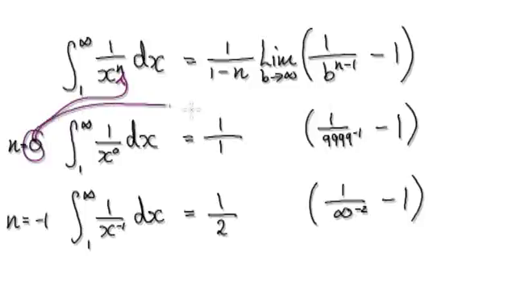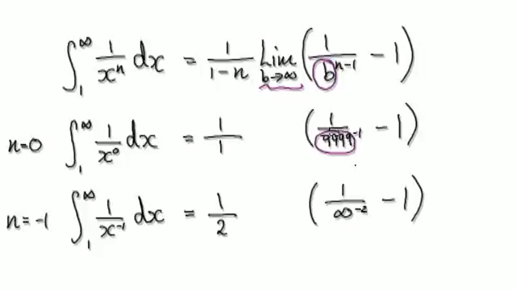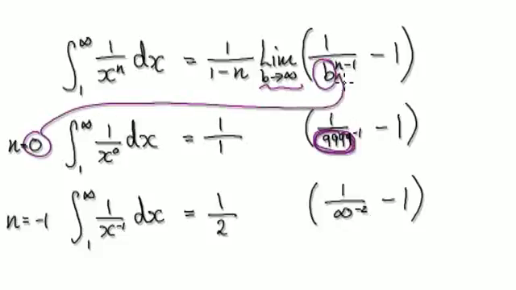Put it into here. So 1 take away 0, that will be 1. And then now allow b to head towards infinity. So allow this to be a very, very big number. Let's just pretend it to be 99999. And then when you put 0 into this n here, 0 take away 1 will be minus 1.